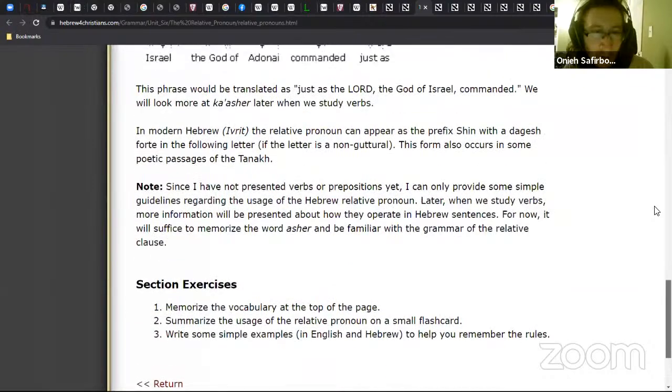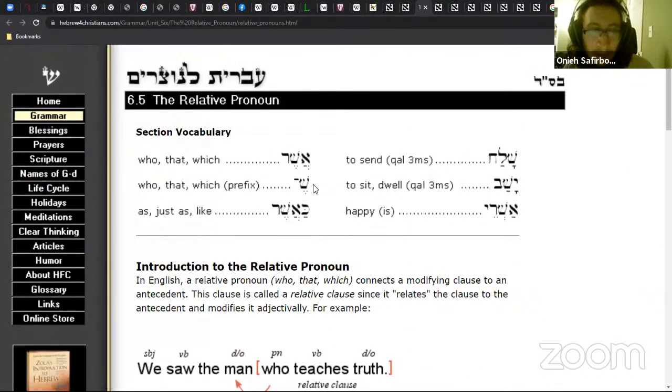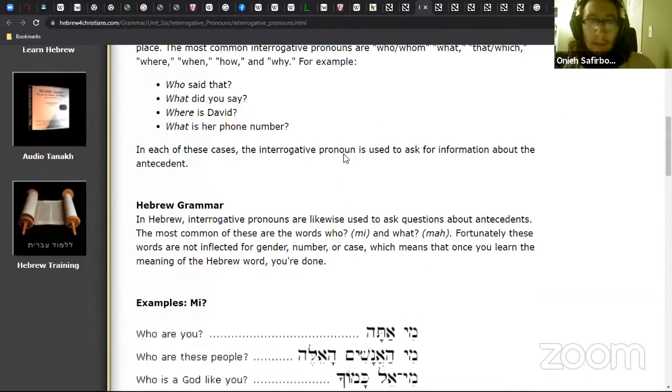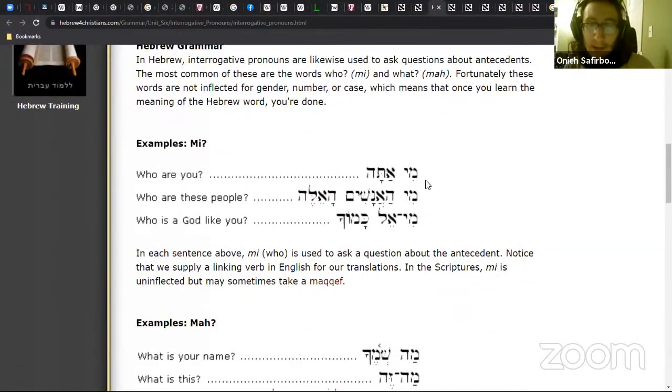They didn't show us in this, but you can do that as well. When you have a shin attached to it, it usually I think means something like that, but it might also mean which. Okay, so now we go here, and me is who?